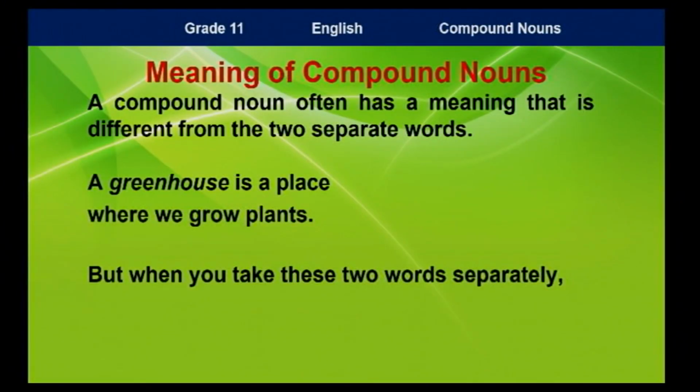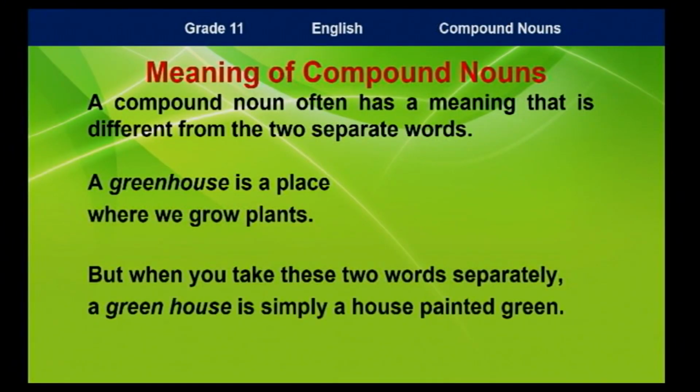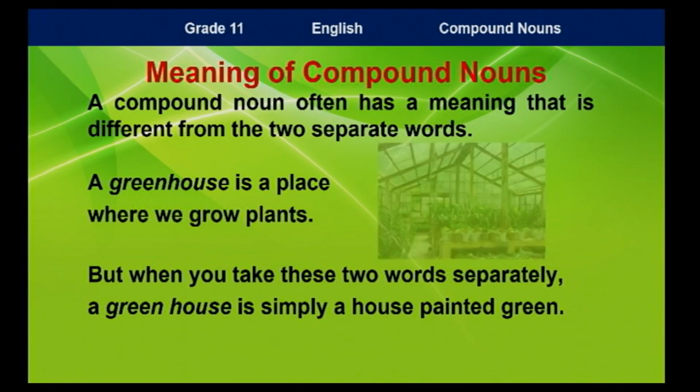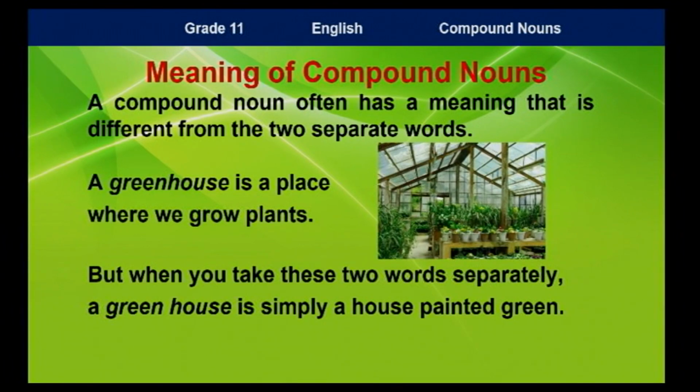If you take it as two separate words, it gives the idea of a house which is painted in green color. Look at the picture of the greenhouse. This is what you call a greenhouse that we have in our schools. In this greenhouse, we grow plants.